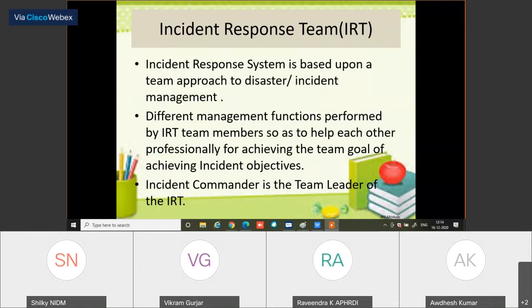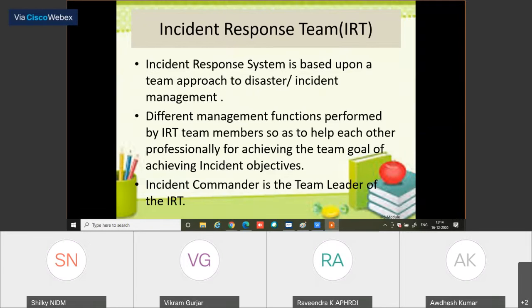Now if we see why disaster management is important, every incident response system has to be as per the broad structure of the industry. What are the hazards of any industry and what are the responses to the possible disasters?